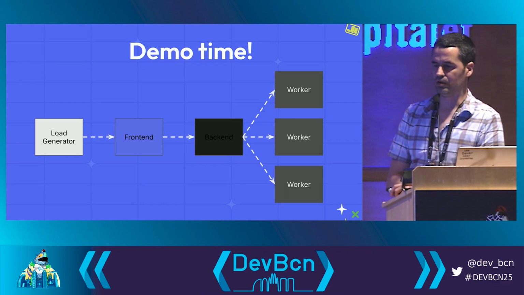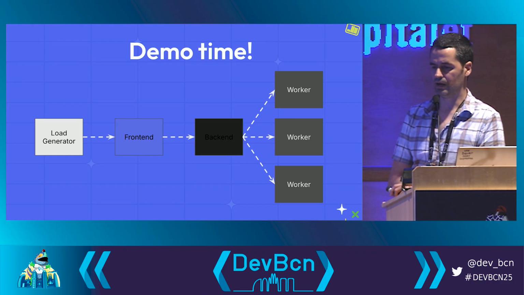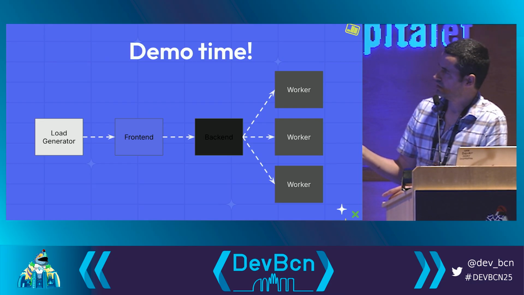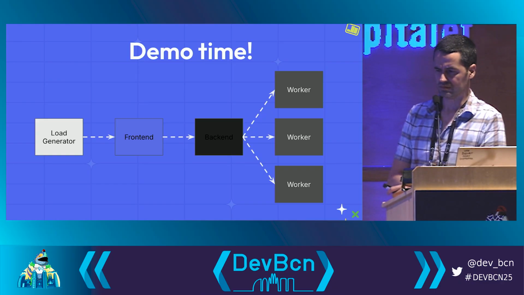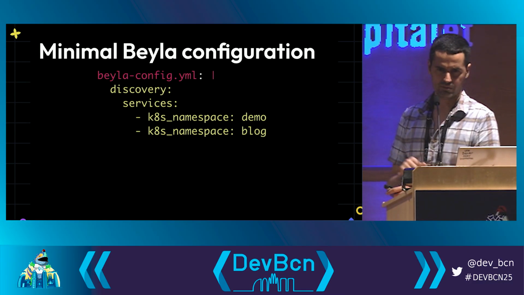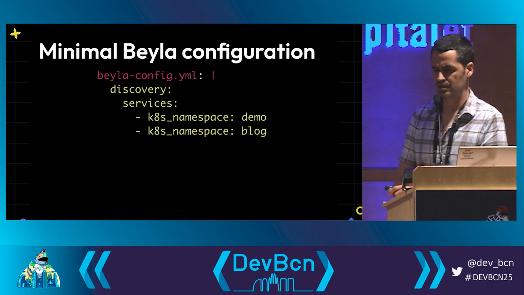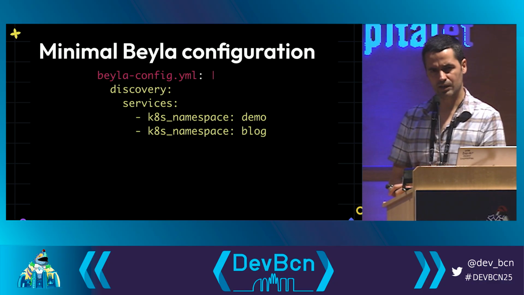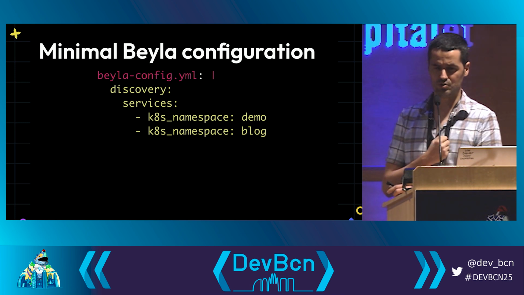This is a short demo of how this will work. In Kubernetes, we have a backend service. How do we instrument it in Kubernetes? First, this is the minimal Beyla configuration. Of course, there are many other configuration options. You need to provide a way to tell Beyla which applications you want to instrument.